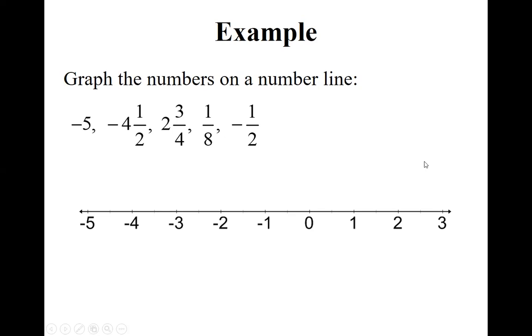So if we were to graph these numbers on a number line, we would just need to know their relative positions to whole numbers. -5 is just a dot at -5. -4.5, we could identify -4, but if we want to get another half negative, it would be between -4 and -5. 2 3/4, we could identify 2.